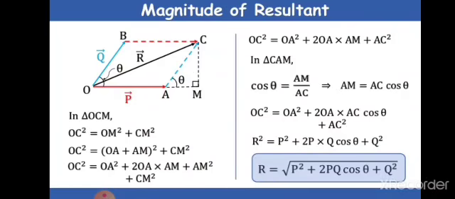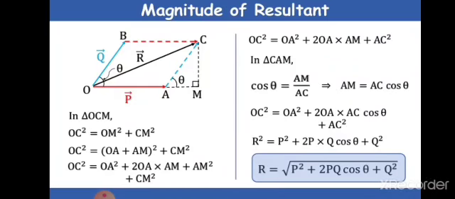To solve this, we draw a perpendicular from C to the produced OA. It makes a right angle at M, in triangle OCM. After that, apply the Pythagoras theorem: OC square is equal to OM square plus CM square.